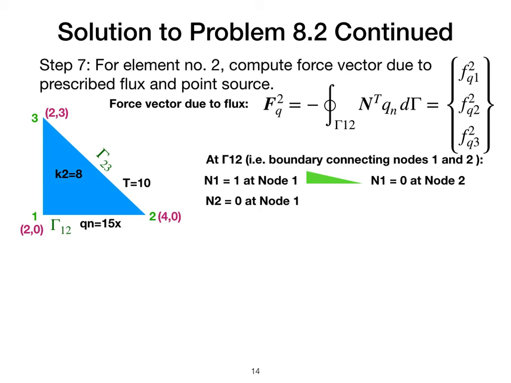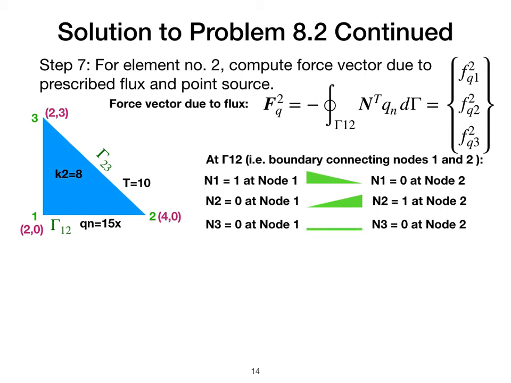Similarly, n2 equal to 0 at node 1 and n2 equal to 1 at node 2, hence it linearly increases from 0 to 1 at gamma 1 2. Now we know that n3 equal to 0 at node 1 and n3 equal to 0 at node 2, hence n3 remains 0 throughout gamma 1 2.